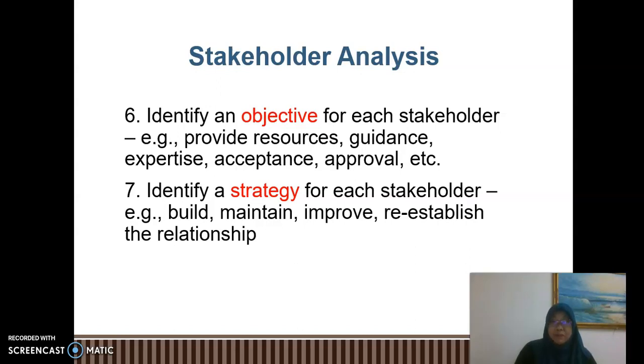For example, provide resources, guidance, expertise, acceptance, approval, and etc. And the last step is to identify a strategy for each stakeholder. For example, to build relationship, to maintain the relationship, to improve the relationship, or to re-establish the relationship.